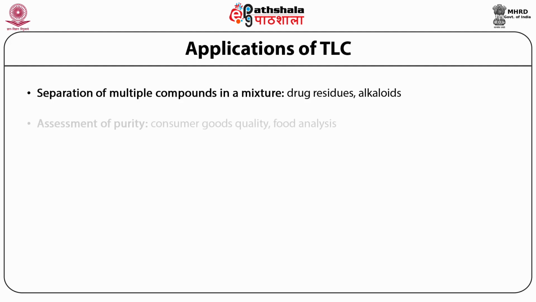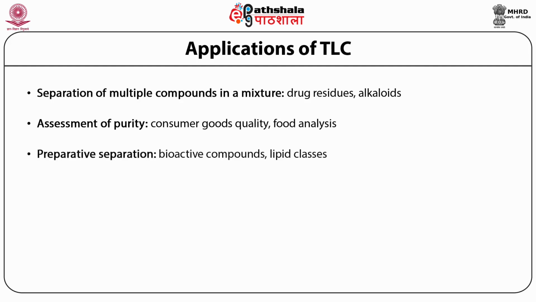It can be used for assessment of purity of the samples and is often utilized in quality control for consumer goods and for checking of adulterants in food analysis. It can be utilized for a preparative separation, that is, one example that we showed you, lipid classes, also often used for bioactive compounds to separate these and then subsequently analyze them.